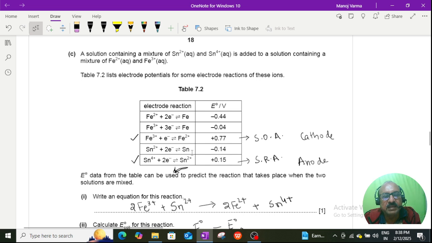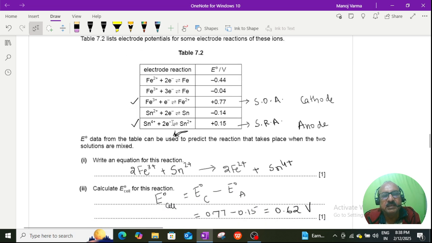So if you add it, then because there is only one electron here, multiply this equation by 2, and then because this reaction is reversed, the Sn4+ goes on the right side, and this is as it is. So this Fe3+ will change into Fe2+, and Sn2+ will change into Sn4+.